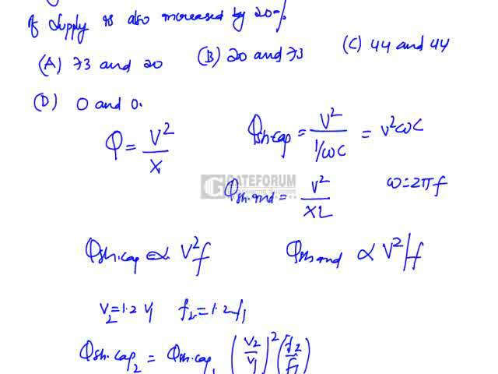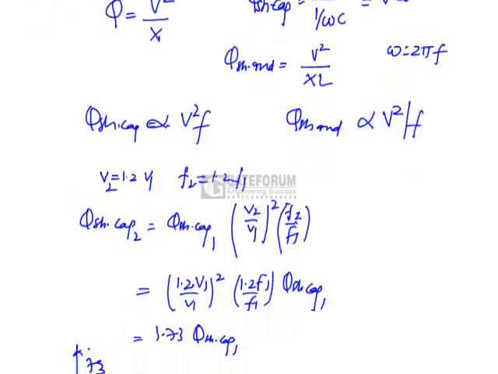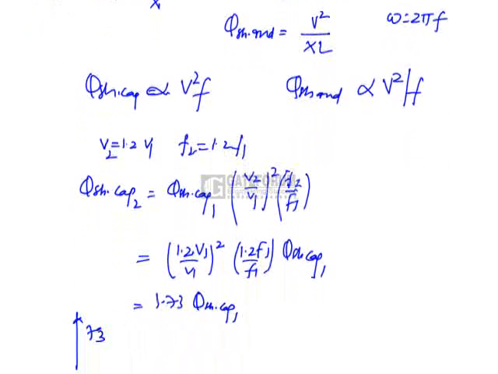If you calculate this, it is 1.2 V1 by V1 whole square into 1.2 F1 by F1 into Q shunt capacitance 1. You will get around 1.73 times Q shunt capacitance 1. What does it mean? There is a 73% increase in reactive power if the voltage is increased by 20% and the frequency is increased by 20% in shunt capacitance.